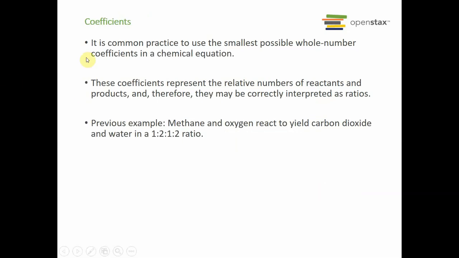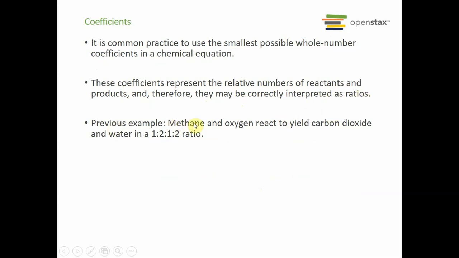It is common practice to use the smallest possible whole number coefficients in a chemical equation. Those coefficients represent the relative numbers of reactants and products, and therefore they may be correctly interpreted as ratios.